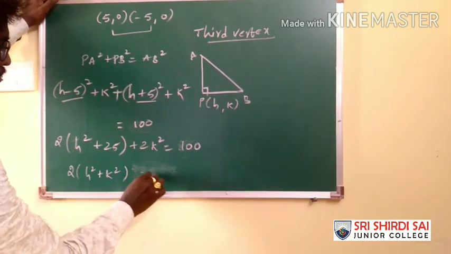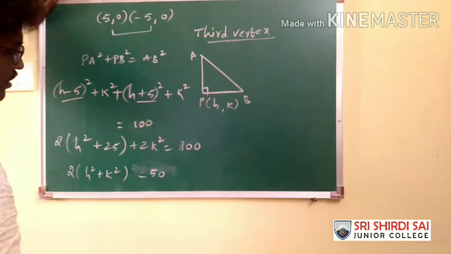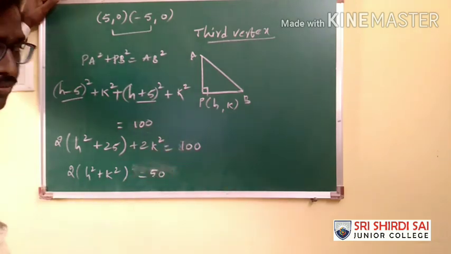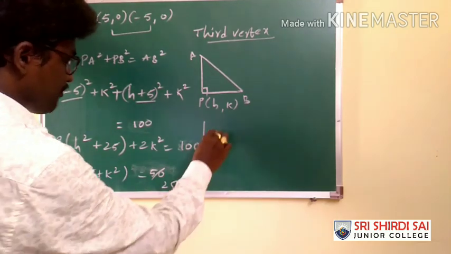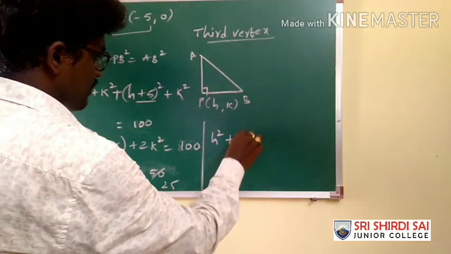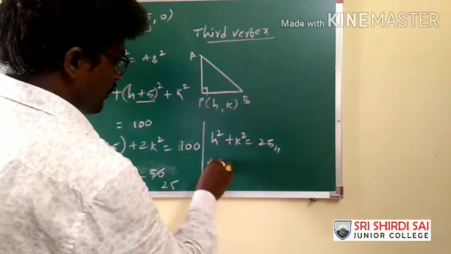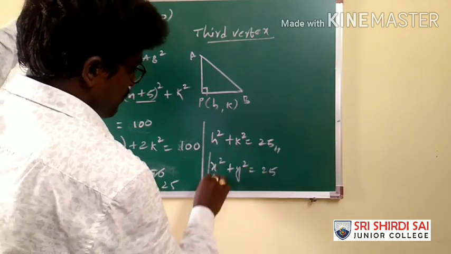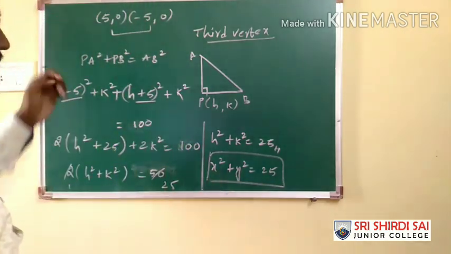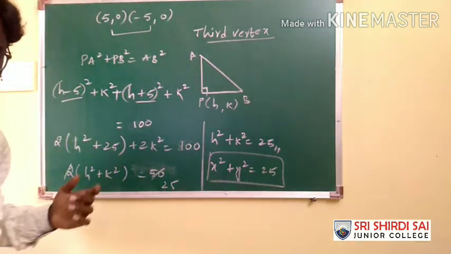Transposing 50 to the other side, we get 100 minus 50, 50. So you will get h square plus k square is equal to 25, and hence the equation of the locus is x square plus y square is equal to 25. Sorry for the mistake.